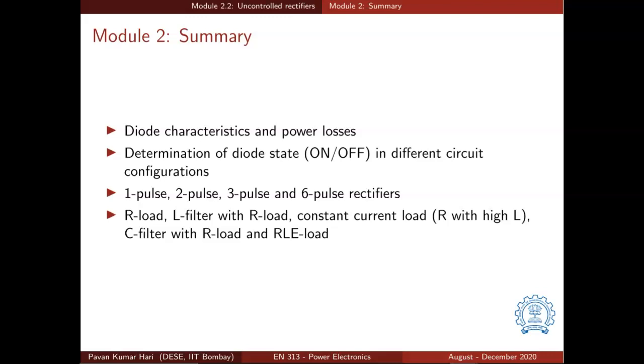These are essentially AC to DC power electronic converters. And we also have looked at different configurations of load, a pure resistive load R load, or we have L filter with R load which smoothens the output current. And we also have considered the case of a very large inductance being present, which is almost a constant current load. Then we also have looked at C filter with R load. Having a capacitive filter smoothens the output voltage, and we have also learnt about RLE type of load which represents a DC motor.